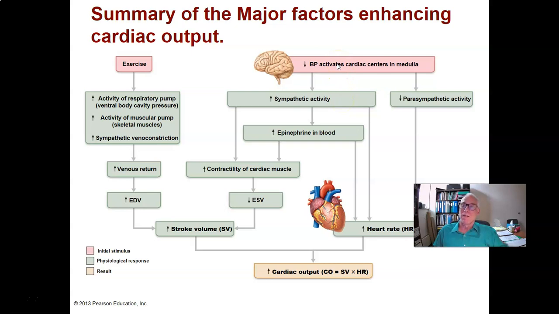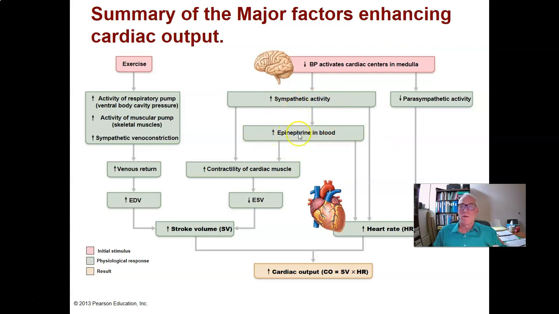Let's say we have a drop in blood pressure in the chest. That's going to cause an increase in sympathetic output because of the baroreceptor reflex. Remember, we talked briefly about the baroreceptor reflex, and we'll bring it up again next section. That causes action of sympathetic neurons, which increase heart rate and increase contractility.